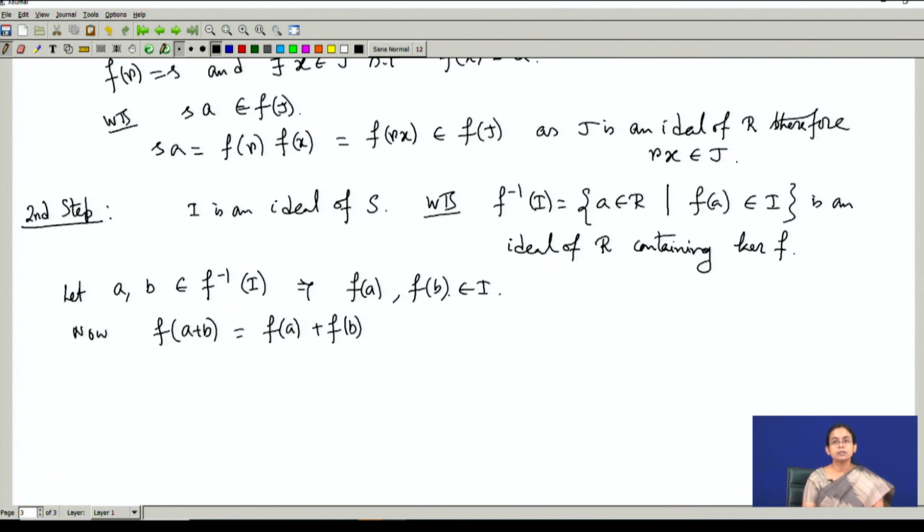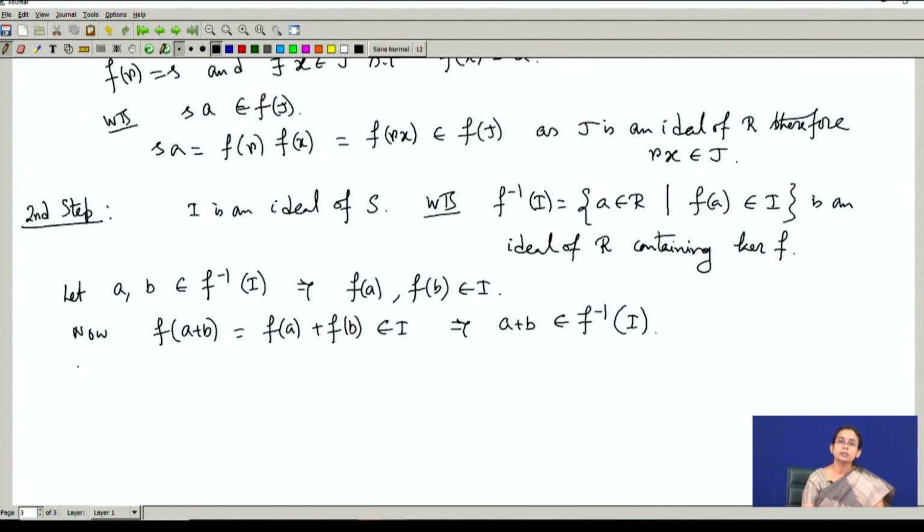Therefore, it is closed under the addition operation. Therefore, this belongs to I, which implies that a plus b is in the pre-image of I, because under f it belongs to I. So, now this is closed under the addition operation.